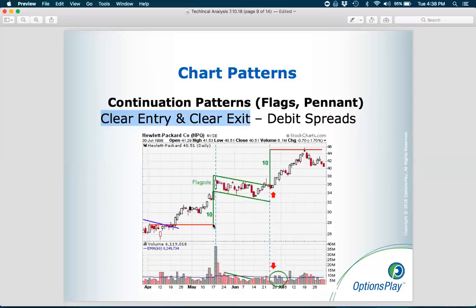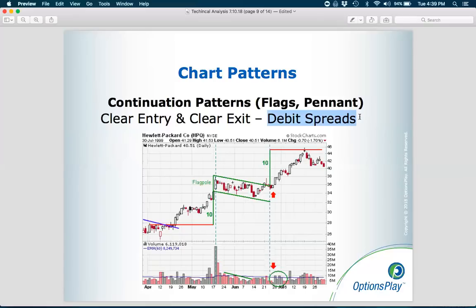So as you can see, the stock rallied about $10 entering this flagpole, or this flag, if you will. And then once it exits this flag, that projects another $10 move higher. So what this means is that you have a clear entry and exit signal. So these are typically best used with debit spreads, because debit spreads allow you to really maximize the gain of a move higher, especially if that move doesn't happen very quickly.